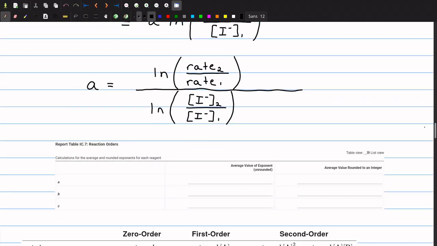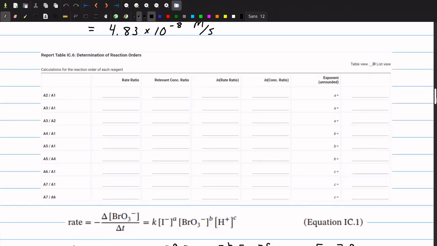And they've got you entering the natural log of this ratio right here, right there. And then you're left to see that what you need to do is take this number divided by that number, and that will be an exponent here. And they want you to not round this value. They want you to keep it, within your sig figs as a decimal value there.